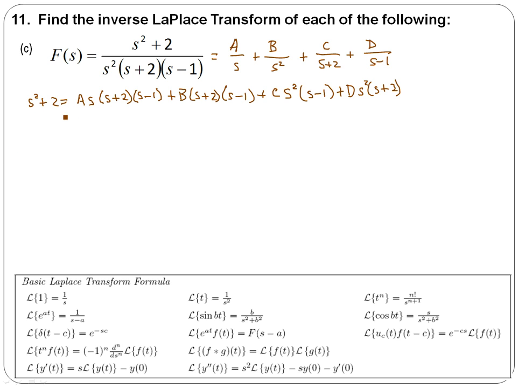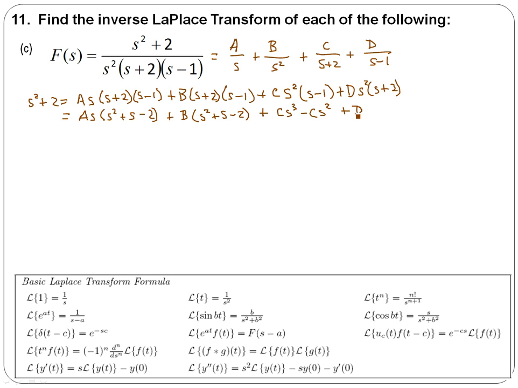I'm going to expand this. I'm going to start by multiplying out these binomials. This will give me an s squared. It'll give me a negative 1s plus 2s. When you combine those, you get plus s, and then minus 2. And here again I get s squared plus s minus 2. Here I can just distribute to get cs to the third minus cs squared.